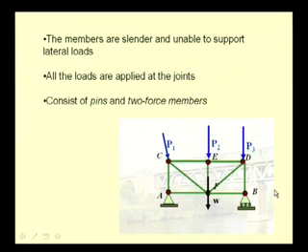And we see that the truss is predominantly a structure which consists of such slender members which are two force members and the pins. This member is a two force member because each member has two joints, and if a member has to be in equilibrium, those two forces have to be collinear and along the axis of the element.